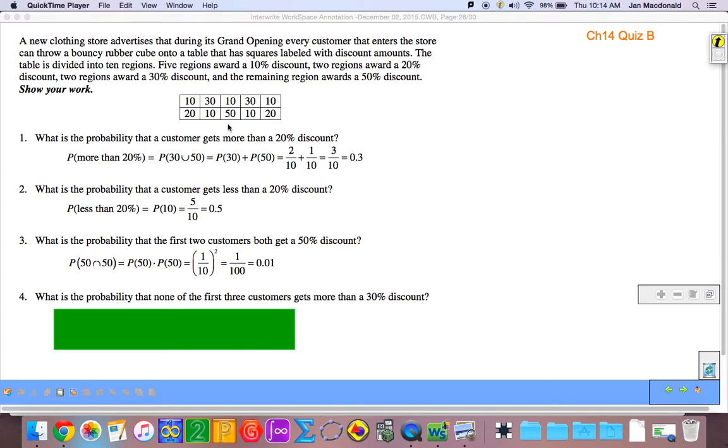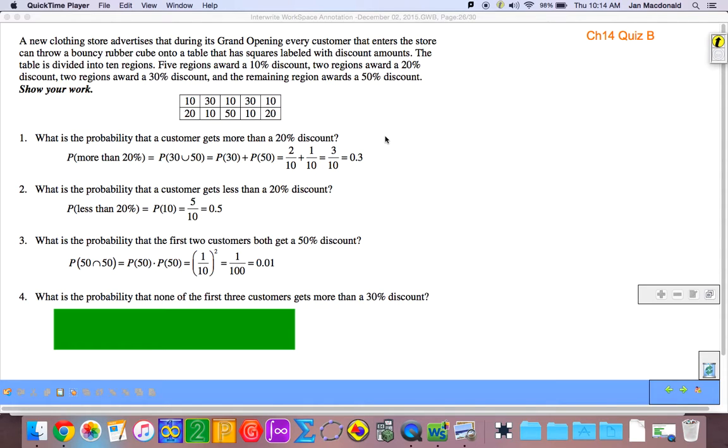So the probability of getting no more than a 30% discount would be 9 out of 10. And we can clearly see that there are 9: 1, 2, 3, 4, 5, 6, 7, 8, 9. There are 9 regions that would satisfy no more than a 30% discount. So the probability that a single customer gets no more than a 30% discount is 9 out of 10.